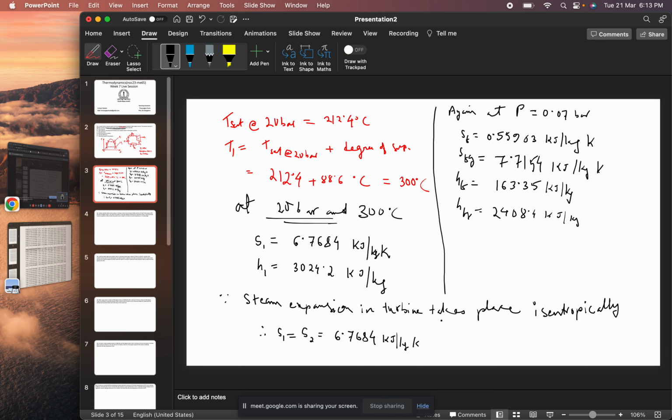Okay, so now using these I can calculate S2.